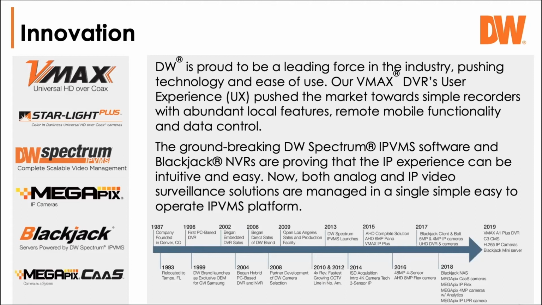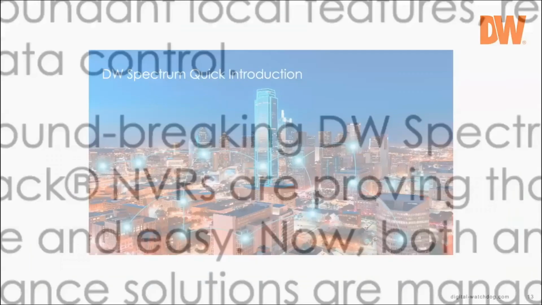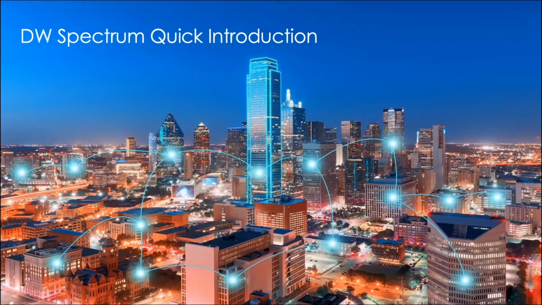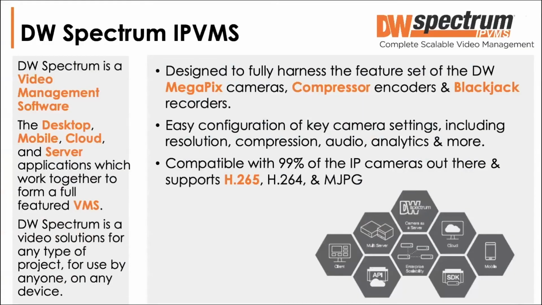Our product line itself, DW Spectrum, is our IP video management solution. You can see we've kind of pushed the video integration or video capabilities from back in the coax days through with DW Spectrum, and we've added products like the Megapix IP cameras, our Blackjack NVRs, as well as our Megapix CAS cameras, just to kind of give you a quick background on the company as a whole and everything that we do in terms of that complete solution.